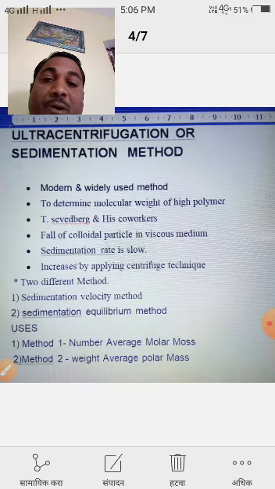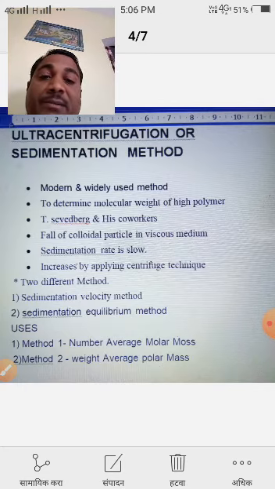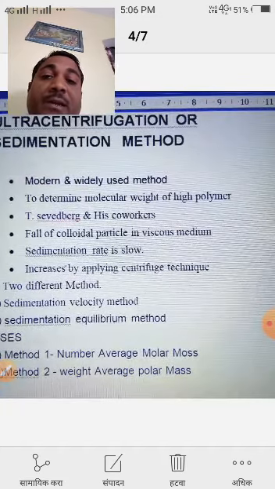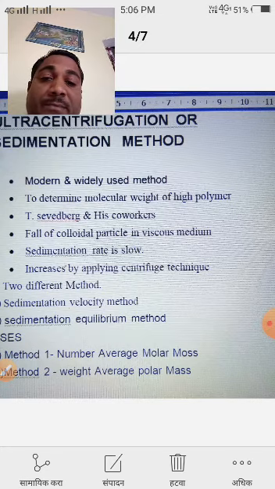In the first point we say that ultracentrifugation is a modern and widely used method. It is used to determine the molecular weight of a high polymer.